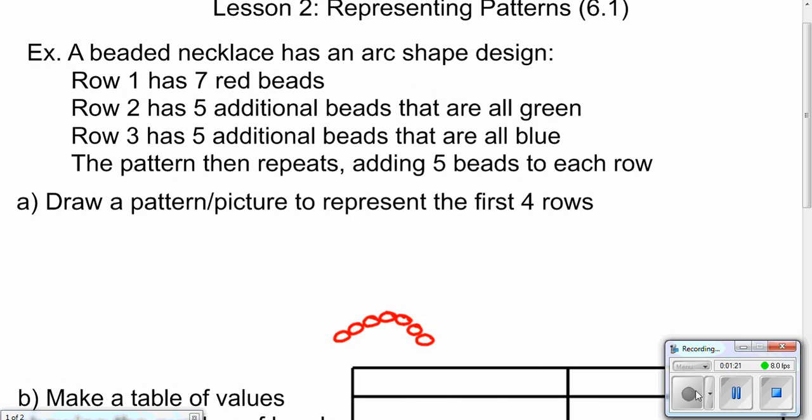Okay, so there's row 1, and it has 7 red beads. And then the next row is going to have the same, but it's going to have 5 beads that are green. So let's add that in.